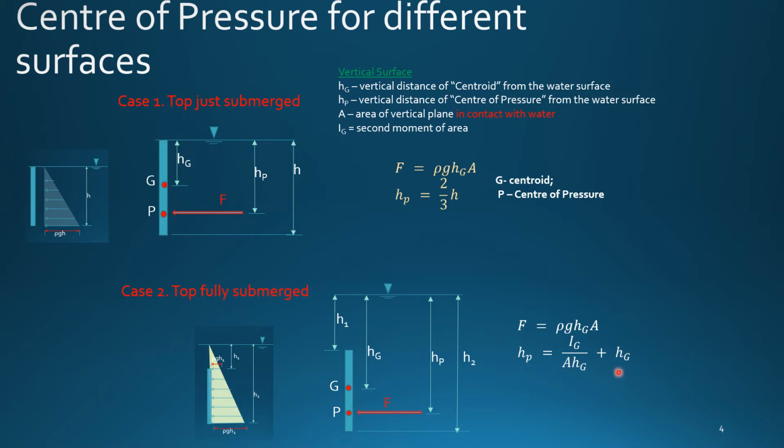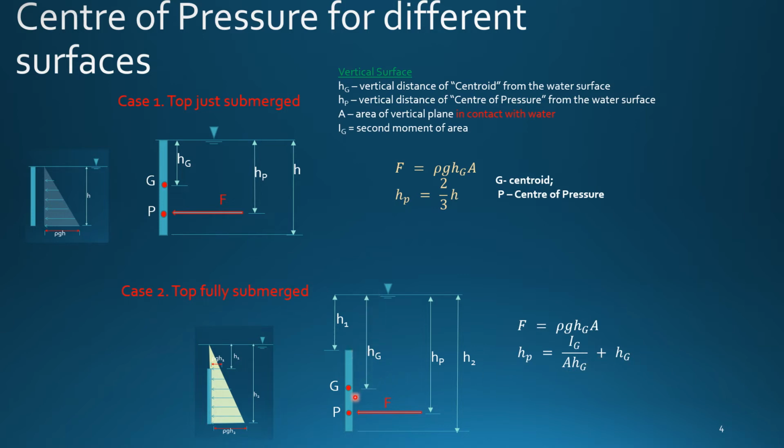We are not going to go through the derivation of this equation, but you can see Hp, the center of pressure, equals Ig, which is second moment of area, divided by area times Hg, plus Hg. Okay, so Hg is easy to know.